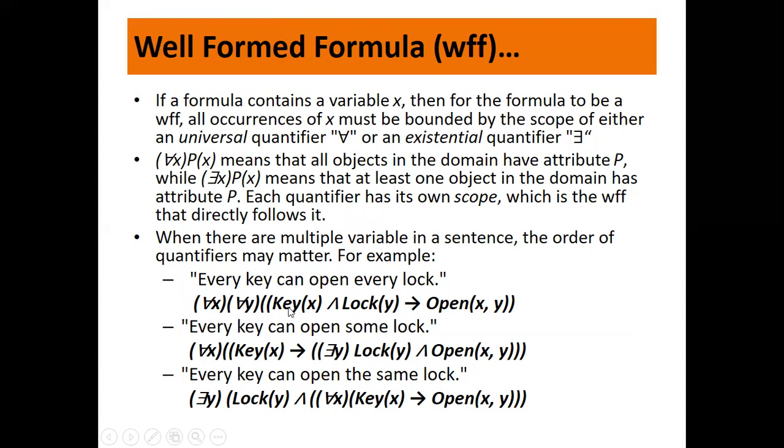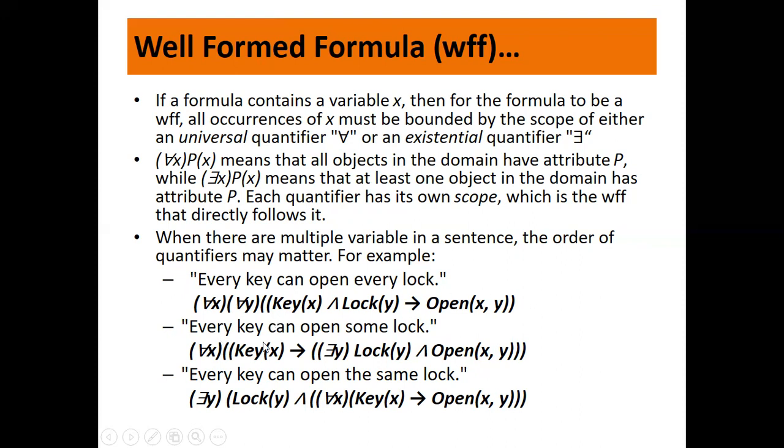Now x is a key and y is a lock. All keys can open all locks. That implies: for all x, for all y, if x is a key and y is a lock, then x can open y. This is the way this statement is represented. It is in WFF form.